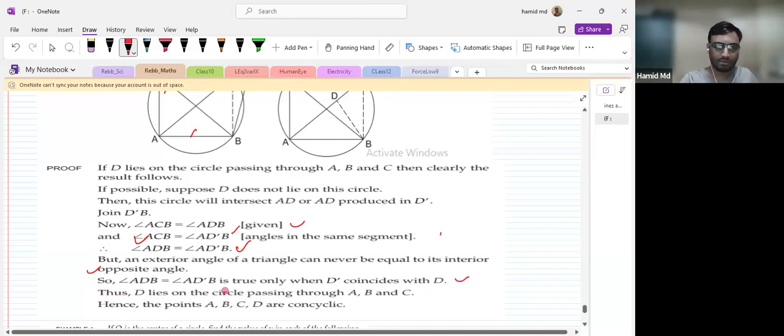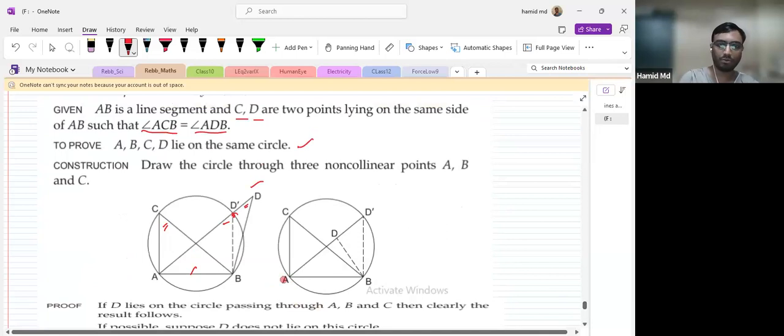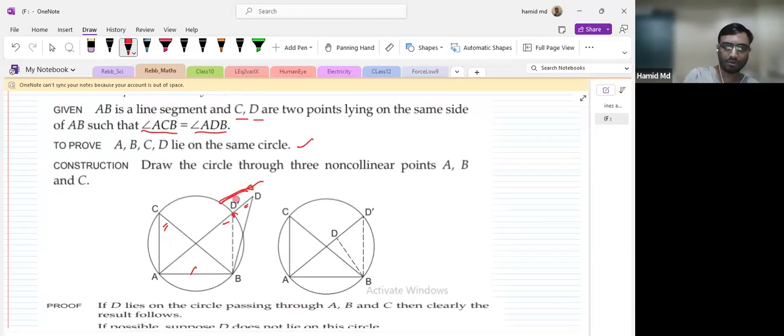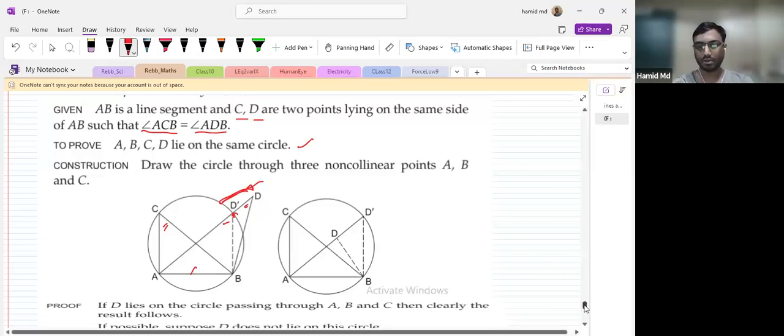It's only true when these 2 points coincide. It means the distance between these two is not very large. Then only this statement is true. Got the point? This is not generally true. It is a special case when D prime coincides with D. Then only this statement is true.